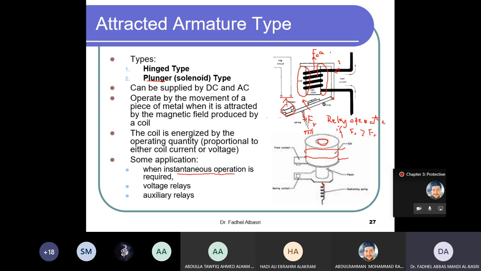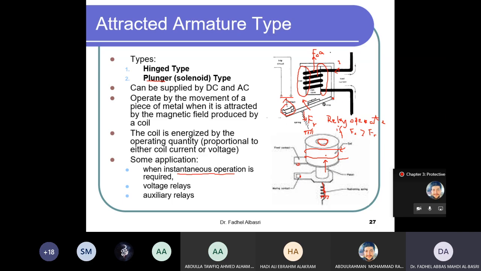The plunger or the solenoid is also fixed by a spring. Once you energize, current flows here and generates a magnetic field that creates a force attracting the plunger inside the core, and that will make this contact and this contact close.